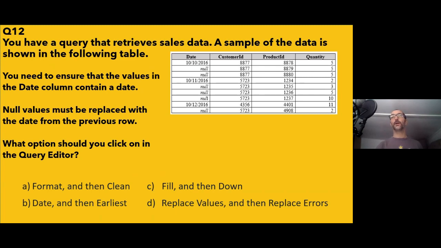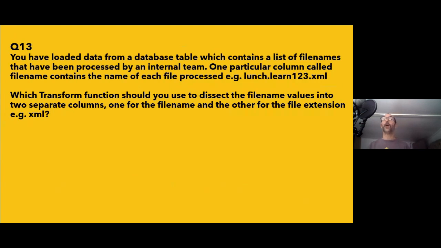Okay, that's question 12. Let's do question 13. Bit of a wordy one. You have loaded data from a database table which contains a list of file names that have been processed by an internal team. One particular column called file name contains the name of each file processed, e.g. lunch.learn123.xml.